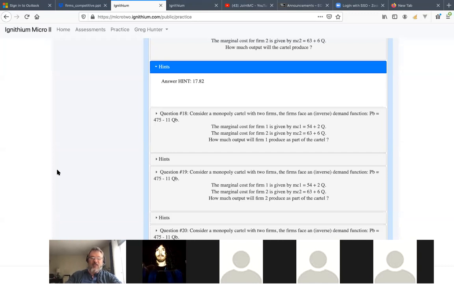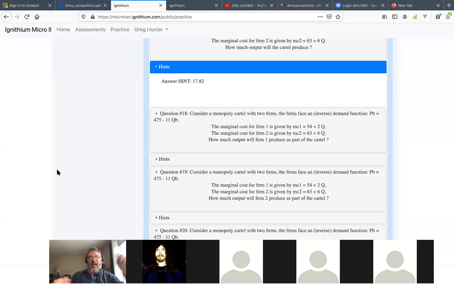That's a function of Q. And now we know Q is equal to 17.82. So marginal revenue at Q equals 17.82 is equal to 475 minus 22 times 17.82. Does that make sense? Yes.